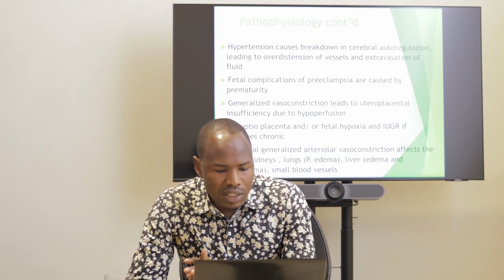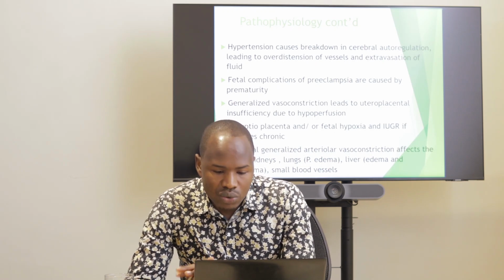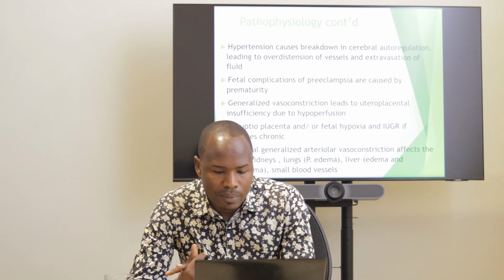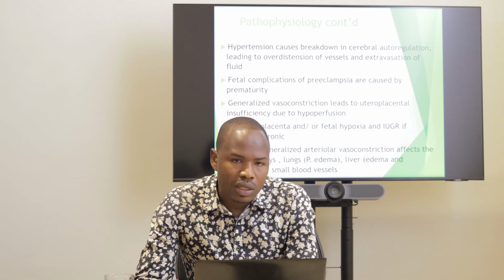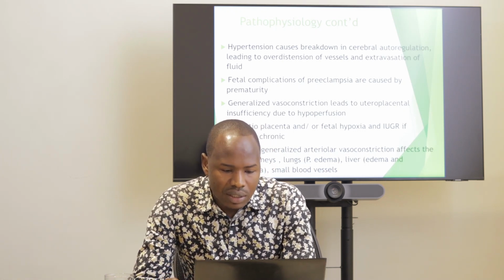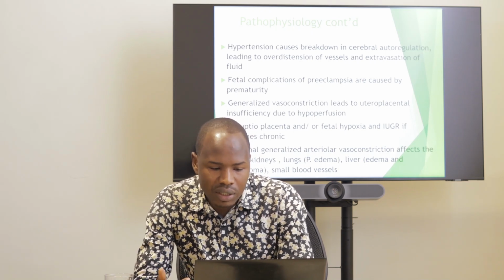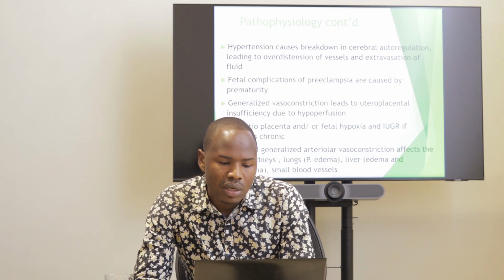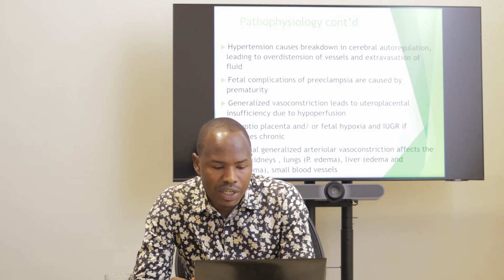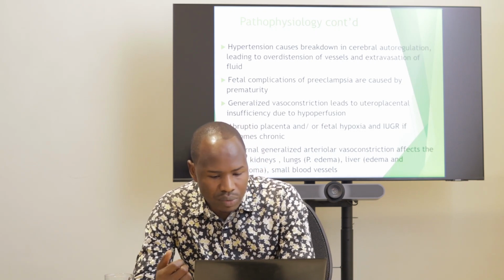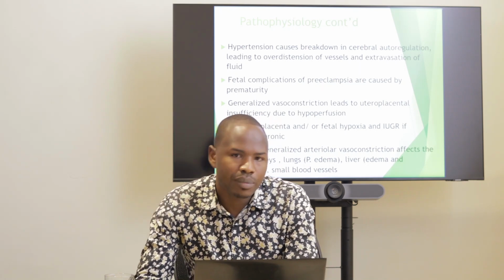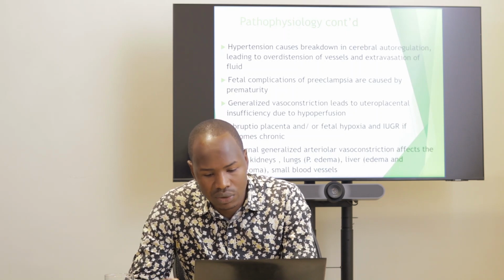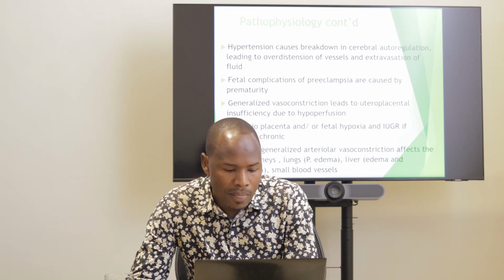As we have said, generalized vasoconstriction leads to uteroplacental insufficiency due to hypoperfusion. The high blood pressure related to generalized vasoconstriction will also lead to complications like abruptio placenta or fetal hypoxia, and when it becomes chronic, it will lead to intrauterine growth restriction.